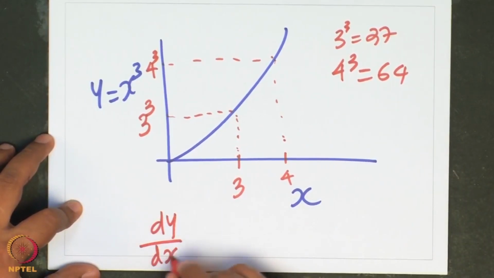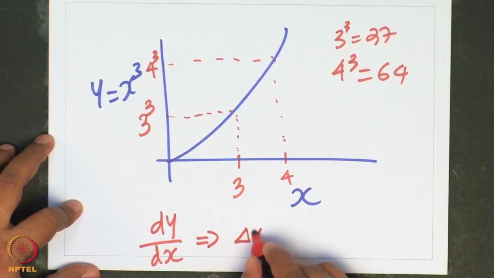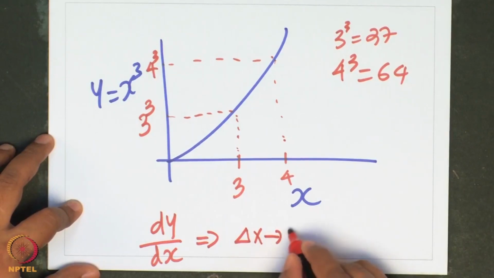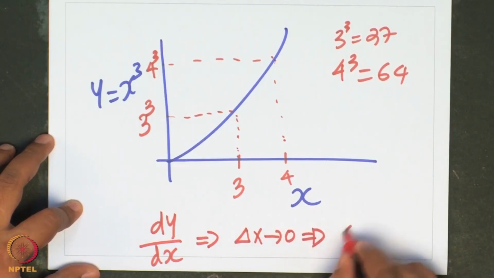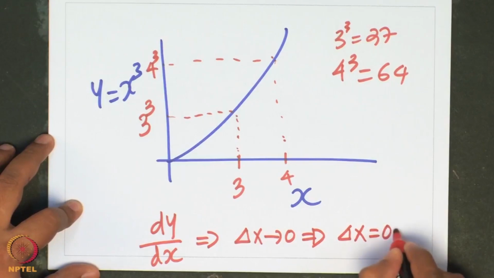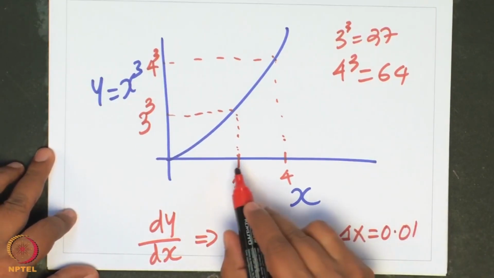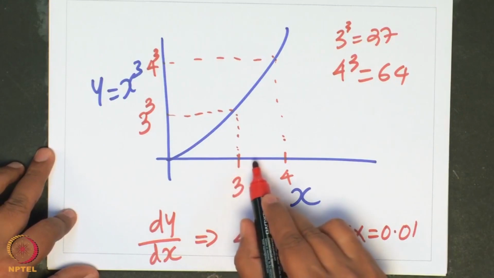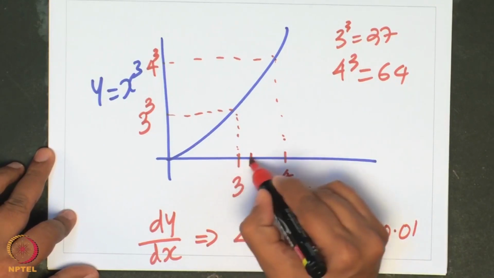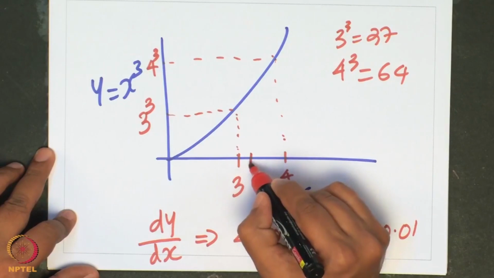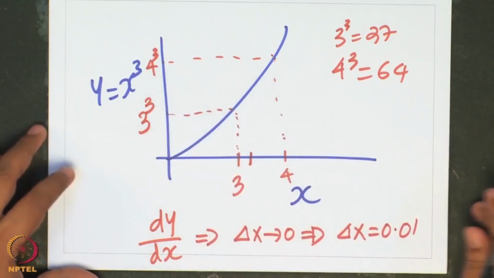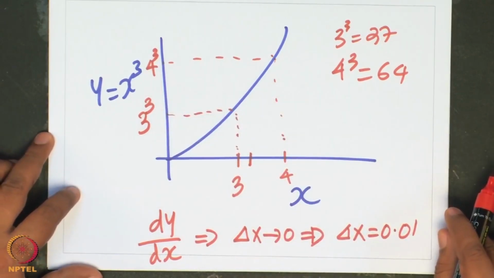Now as we said, to calculate the derivative dy by dx, we should take the smallest delta x possible. So we want delta x very small, so let us take delta x is equal to 0.01, which is small. So you take 3 and 3.01, very close, and calculate the corresponding y values.